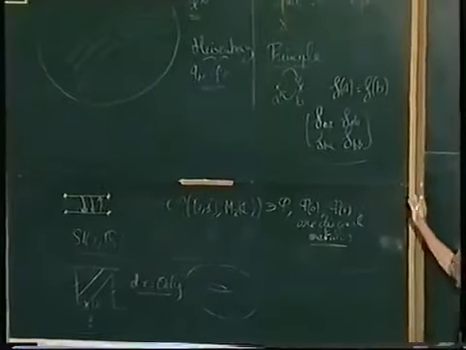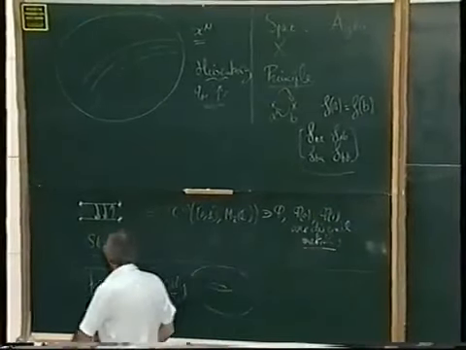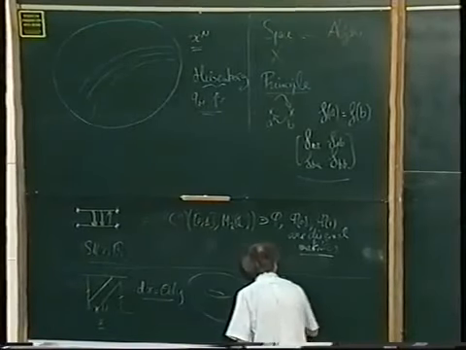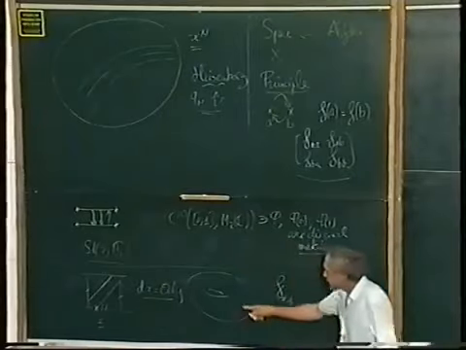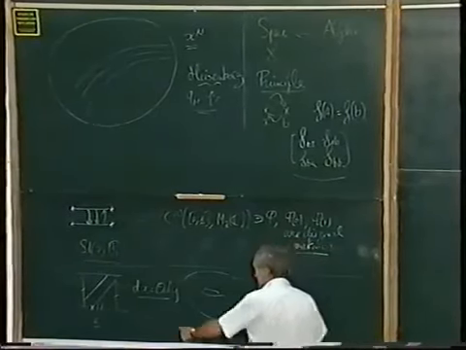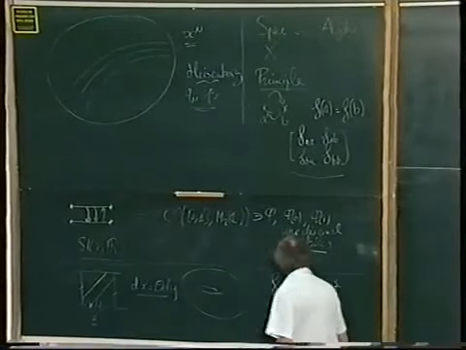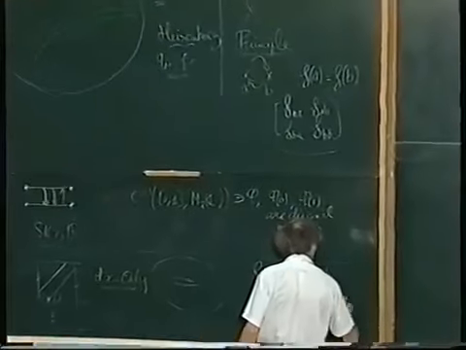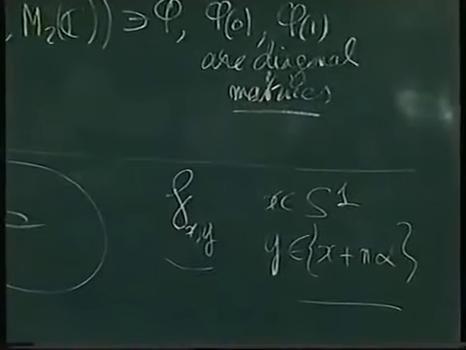And if you compute what you obtain, you will obtain matrices, which are indexed, so matrices F again, but which have two indices, like x and y. And x belongs to the circle, because this is a transversal, so x belongs to S1. And the only condition on y is that it belongs to the orbit of x, so it belongs to the set of x plus n alpha, where alpha is the rotation.